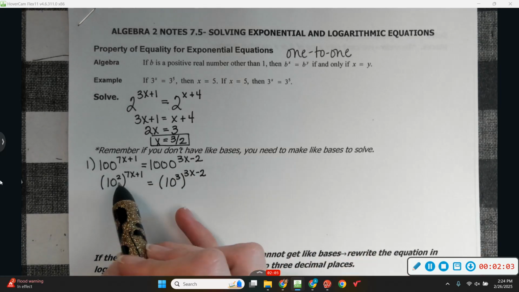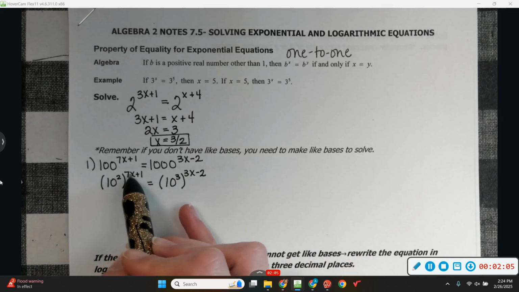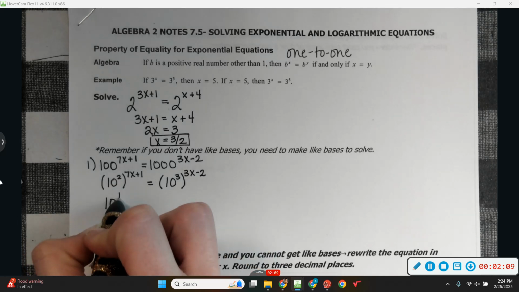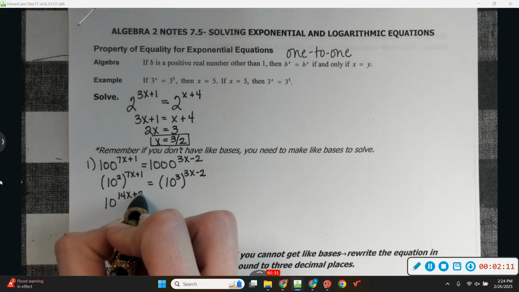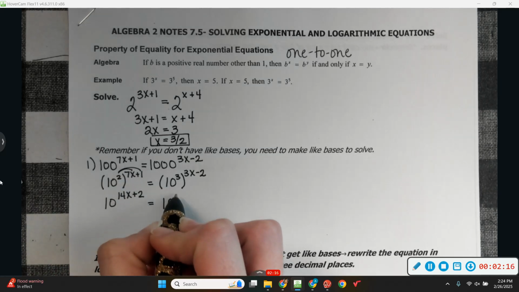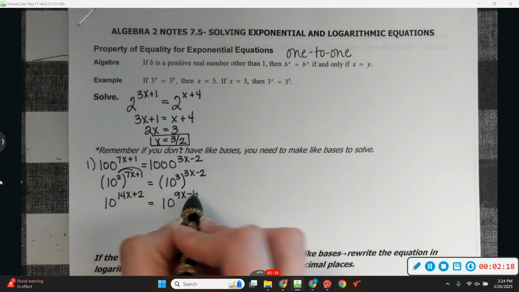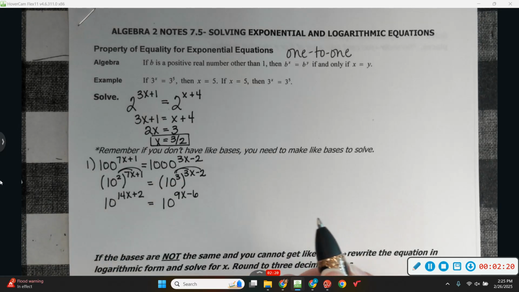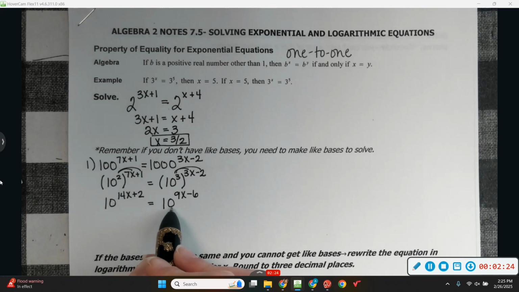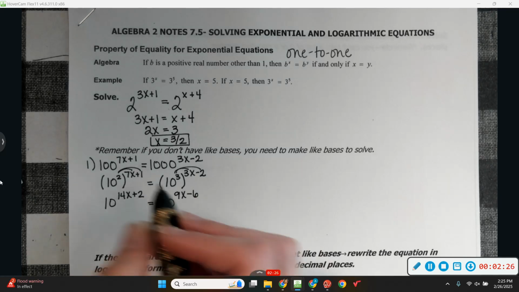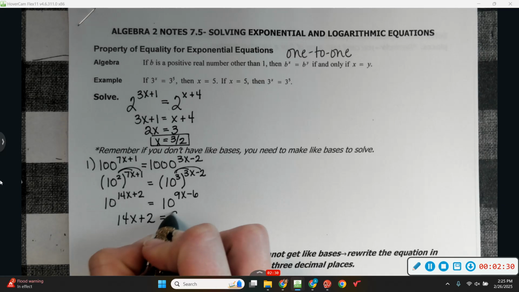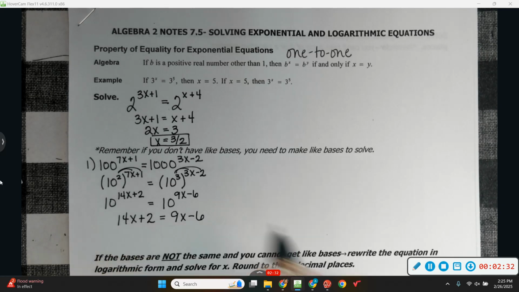If you remember your properties of exponents, when you have a power raised to a power, you multiply those. So this becomes 10 to the 14x plus 2 power because you distribute, equal to 10 to the 9x minus 6 power because you distribute there. Now I have like bases. Because my bases are equal, I can use the one-to-one property to say that 14x plus 2 is equal to 9x minus 6.